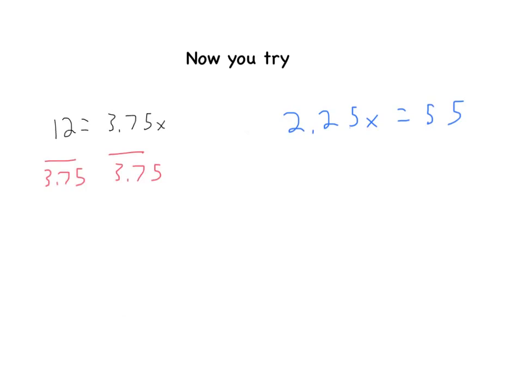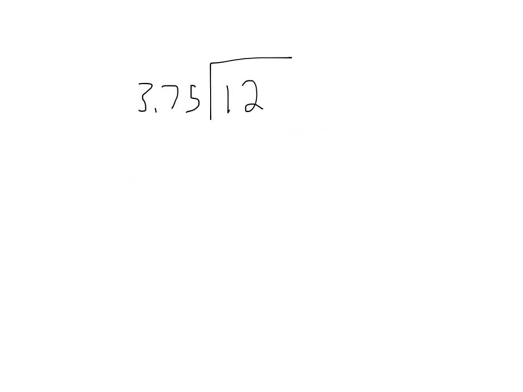For the one on the left, I take each side and I divide it by 3.75. I'll do a quick recap on how we divide here. 3.75 and 12. First thing I need to do, move this over twice, which gives me 2 zeros there. I'll extend this bar a little bit further.